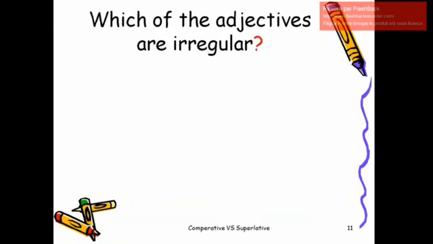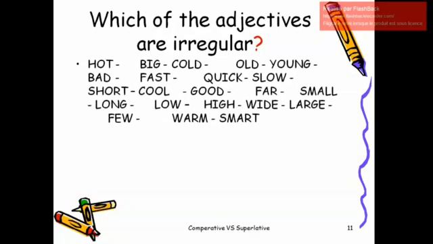Which of the adjectives are irregular? You are going to figure out the irregular adjectives. Okay? Hot, big, cold, old, young, bad, fast, quick, slow, short, cool, good, far, small, long, low, high, wide, large, few, warm, and smart.